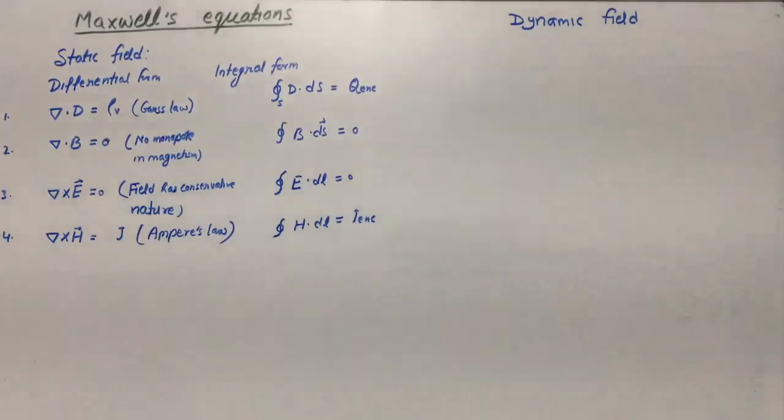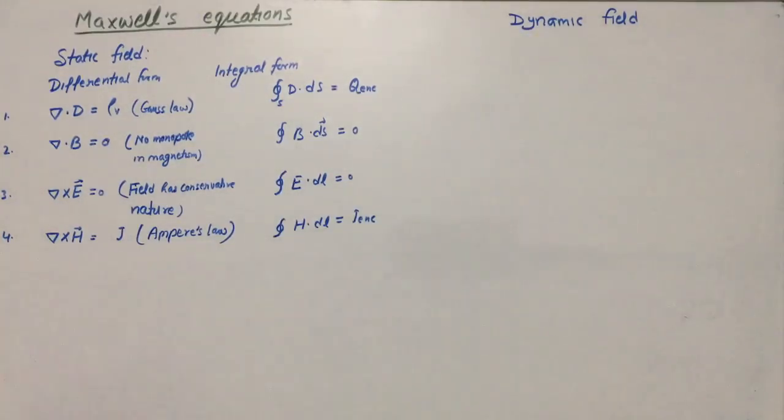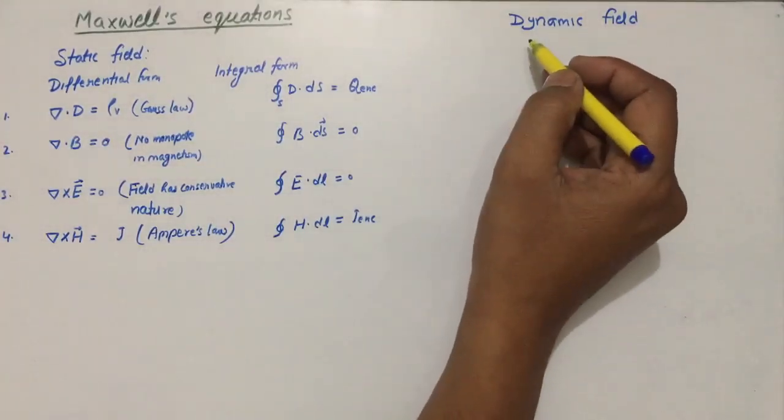In this way there is a magnetic field when the charge, that is current, is flowing. Both have a relationship, one depends on another, means electric field depends on the magnetic field and magnetic field depends on the electric field in dynamic field conditions.